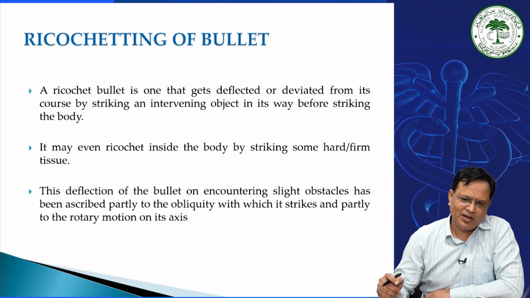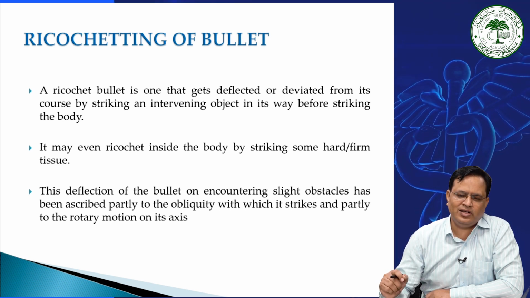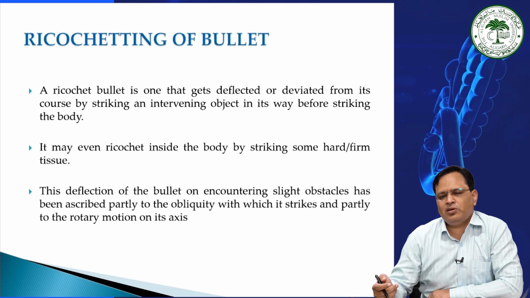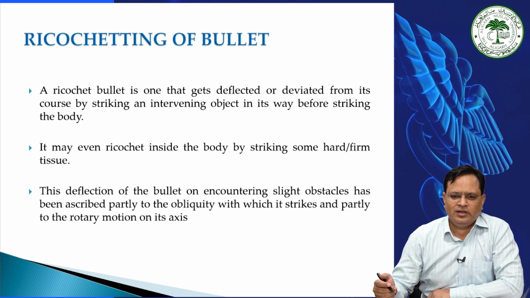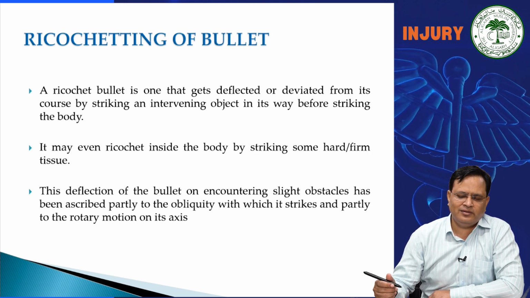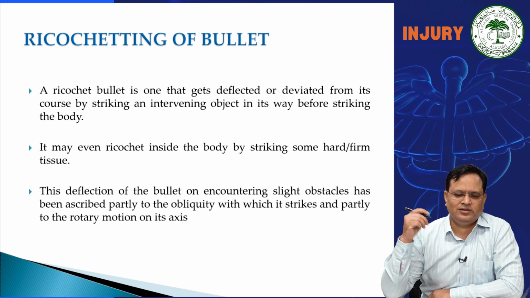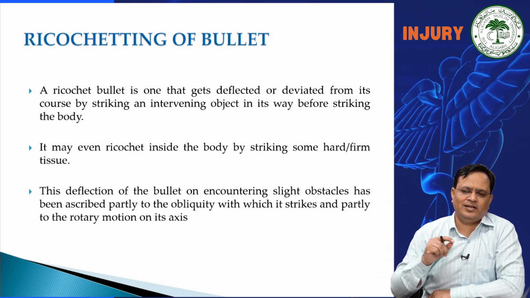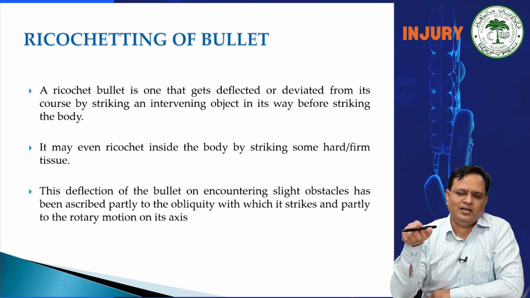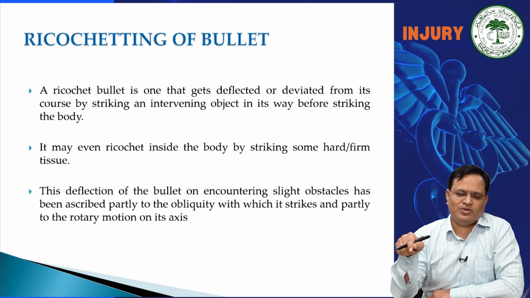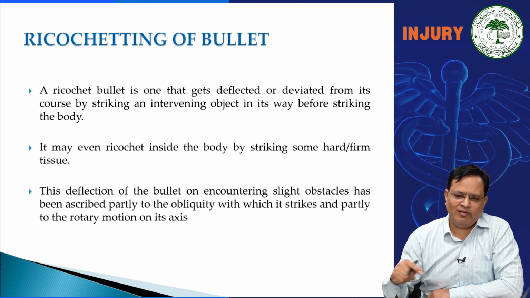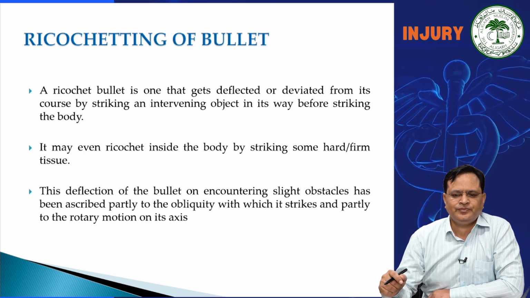That is another phenomenon. It may even ricochet inside the body. It can ricochet inside the body by striking a bone. Suppose a bullet is fired into the chest cavity, it ricochets off the ribs and goes somewhere else. We will be seeing examples also.